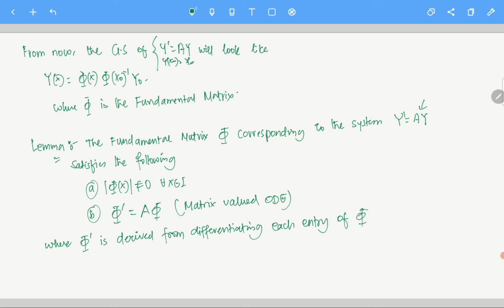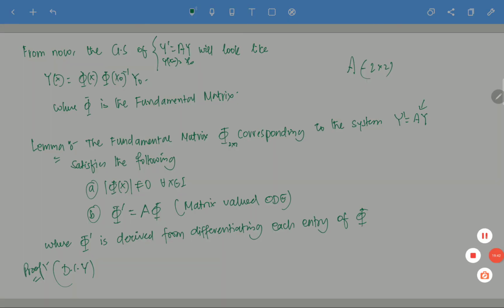So what does the fundamental matrix do in this case? Since A is a 2 cross 2 system, this phi is a 2 cross 2 matrix. And that matrix will satisfy an equation which will look like phi prime equals to A phi. I'm thinking maybe I should prove this, or maybe you guys can do it. So for now let's just put it like this: do it yourself. DIY, that's your proof. Please do that yourself. It's not very difficult to see. So with this we are going to end this small lecture.